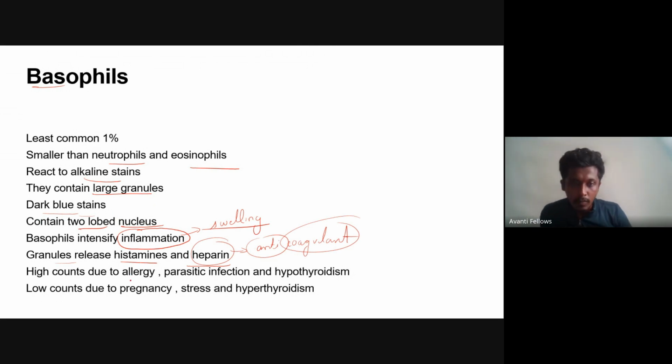Again, whenever there is allergy, parasitic infection, or hypothyroidism, very important. Hypo means less. Your thyroid gland releases hormones, and whenever they are suppressed, you can see an increased number of basophils. Low counts of basophils can usually be seen in pregnancy and whenever there is stress. So this is about basophils.